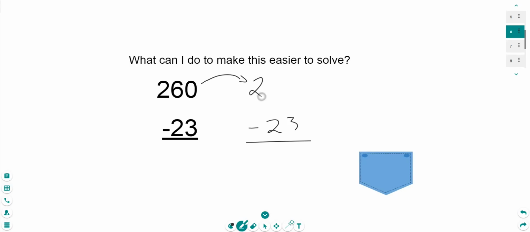Did you change 260 into 259 by subtracting 1 and putting it in your pocket? That was a great idea. Go ahead and finish solving it if you haven't had a chance to do that yet.